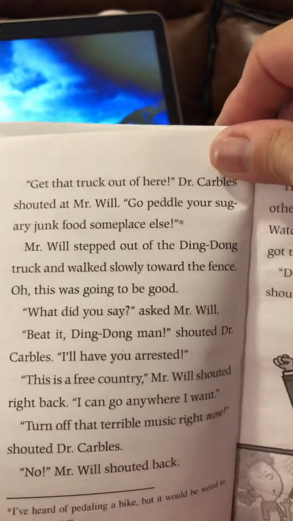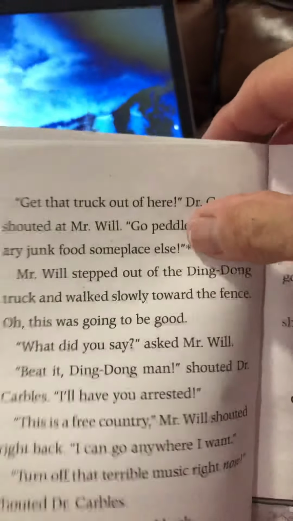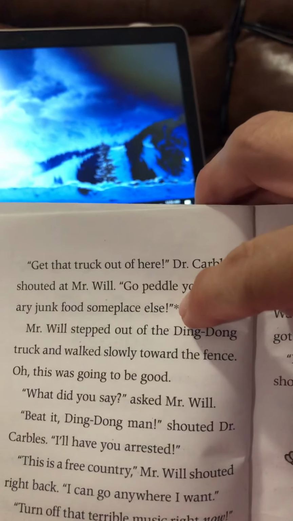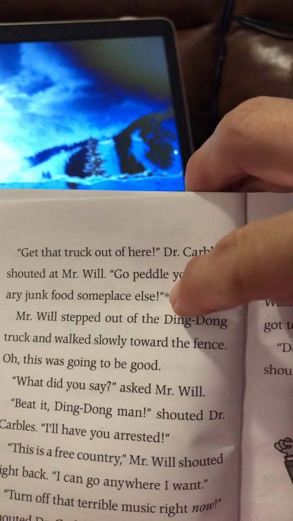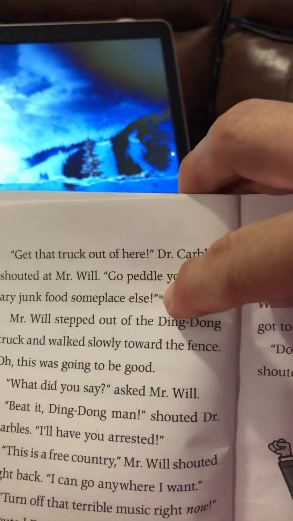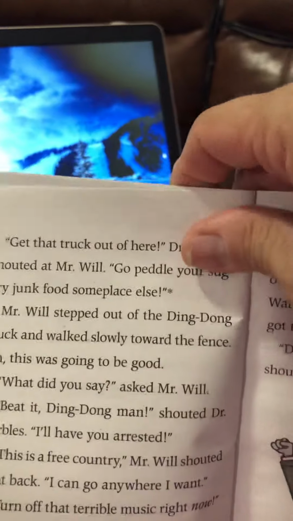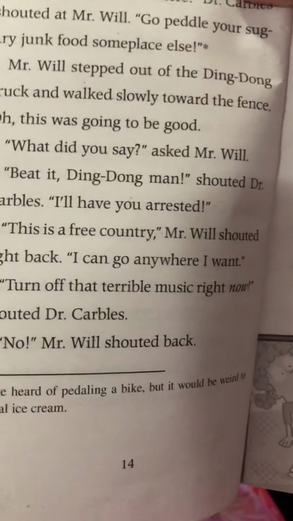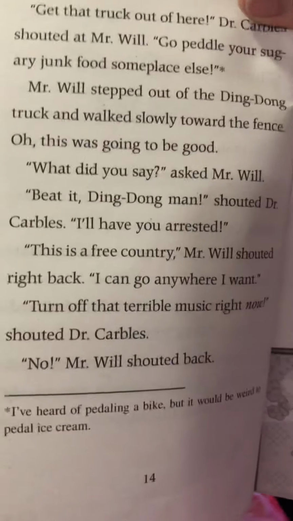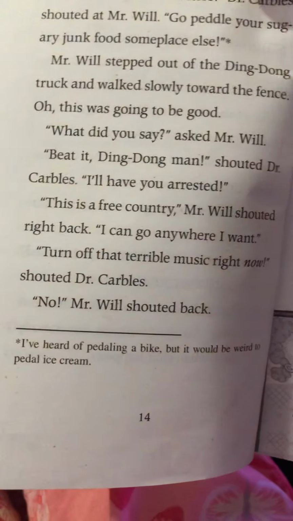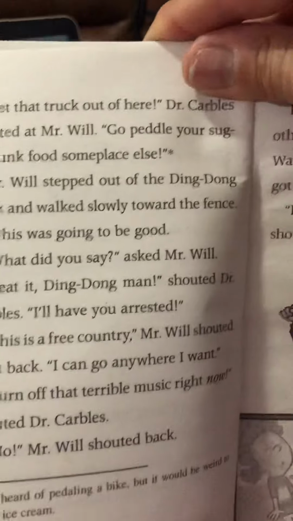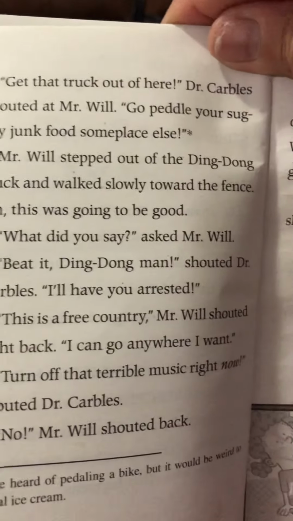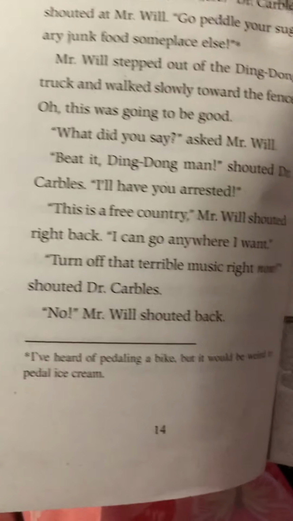Remember last week when I was reading, I pointed out to you that if a word has an asterisk, sometimes you might see a number, but in this case an asterisk, that tells us that there's probably some additional information on the bottom of the page. That's called a footnote. And so this does say, take your sugary junk food someplace else.